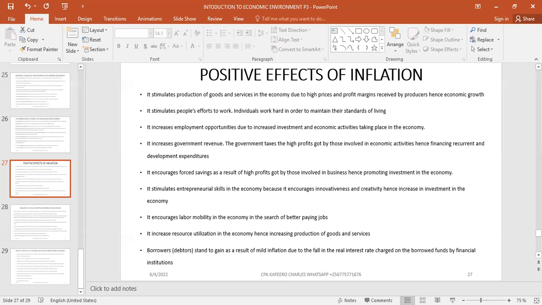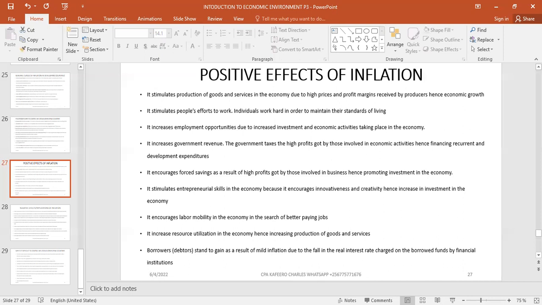The other one we can talk about, it encourages forced savings as a result of high profits, because when you are getting the profits, we expect to be saving some of the profits you are getting, so that you'll be having more and more money, which can be again reinvested in the economy so that you can grow up.